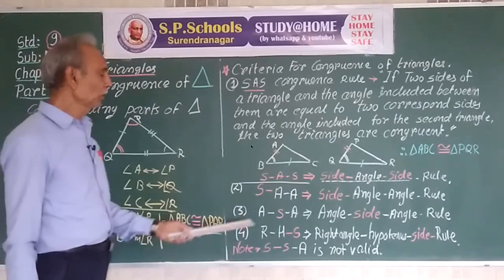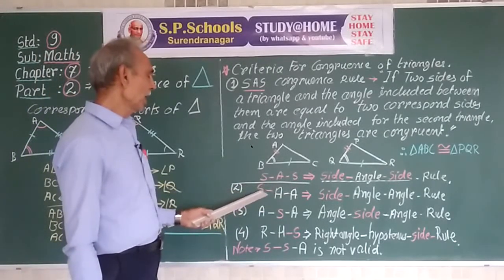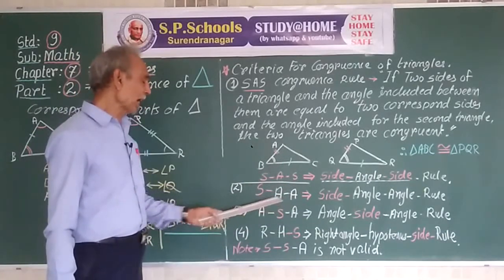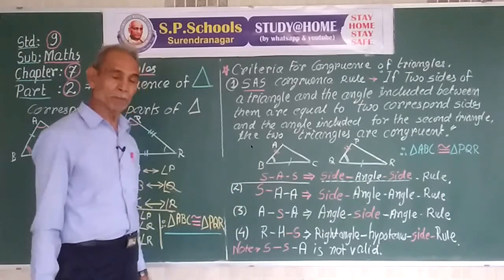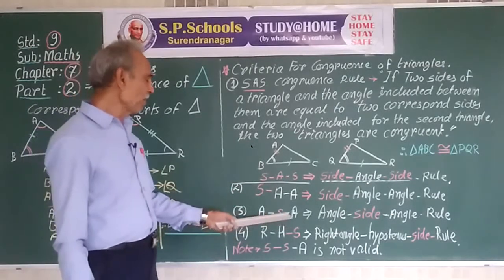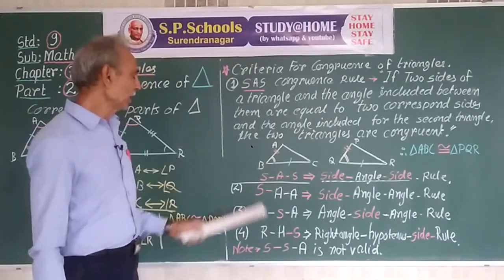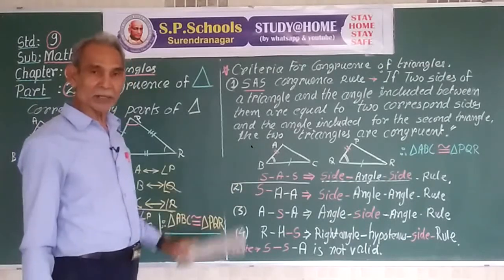Second rule, here we have taken two sides and one angle. If we take two angles and one side, now there are two cases. The side may be between the two angles, or the side may not be between the two angles.